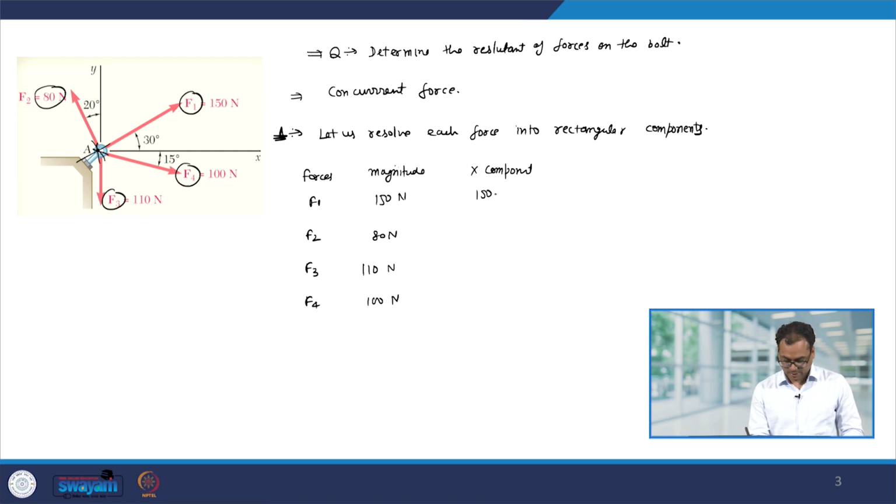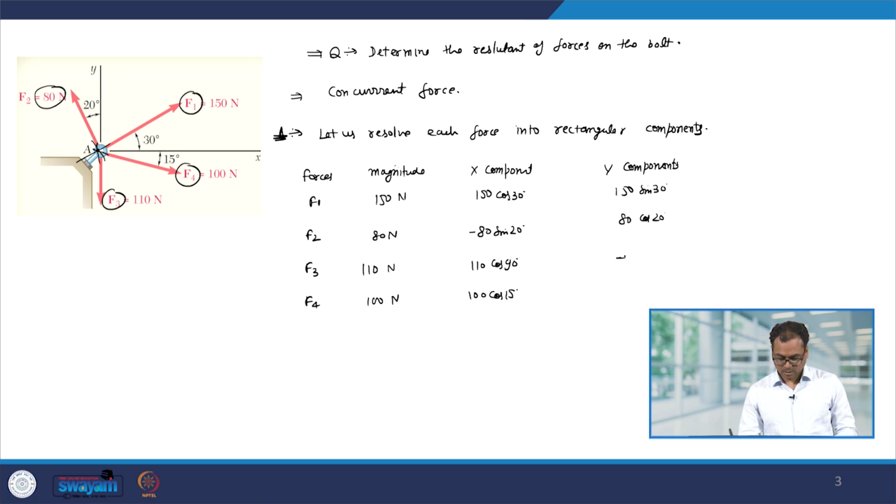So, this will be 150 cos 30 degree, minus 80 sin 20 degree, 110 cos 90 degree, 100 cos 15 degree, and similarly the y components will be 150 sin 30 degree, 80 cos 20 degree, minus 110 and minus 100 sin 15 degree.